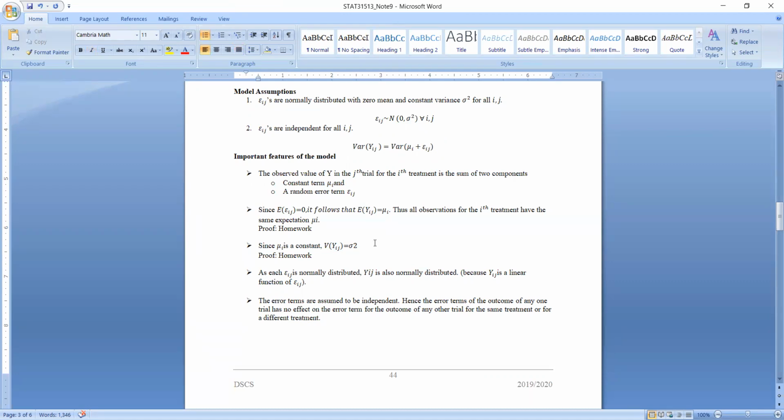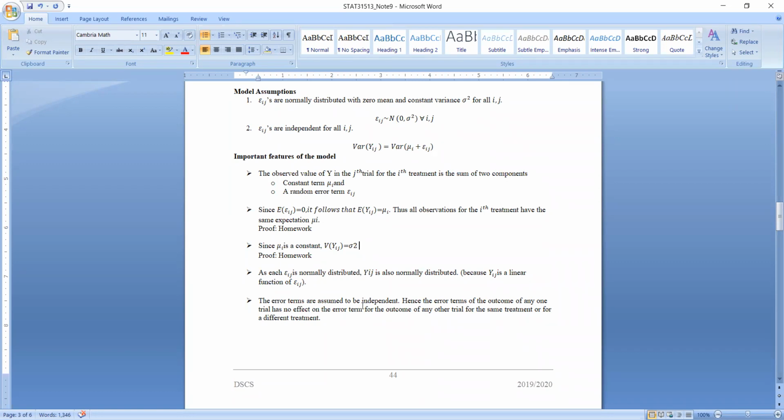And then the error terms are normally distributed, as we asked for in the assumption. If the error terms are normally distributed, Yij is a linear combination of this error term, so we can say these observations Yij are also normally distributed. And then the error terms are assumed to be independent.